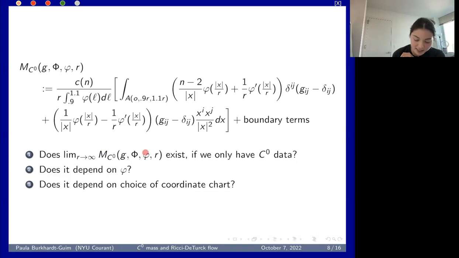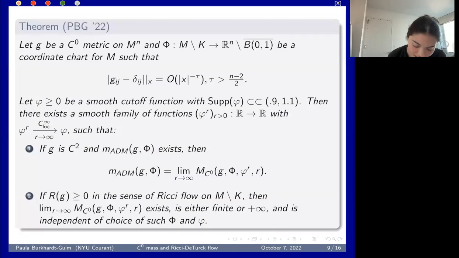Here I have a fixed test function, but actually I'm going to need to allow the test function to vary a little bit with R. I'll say a little more about how that works later. All right, so here is the theorem.